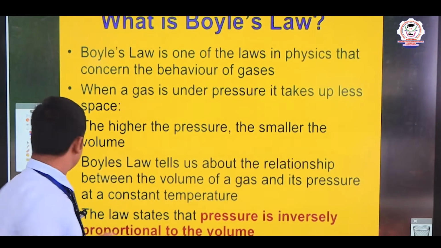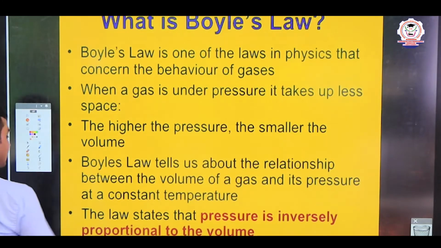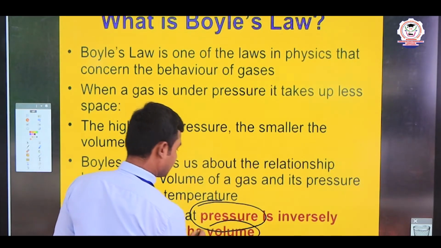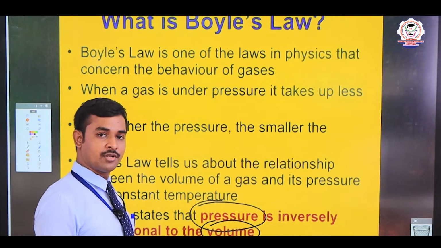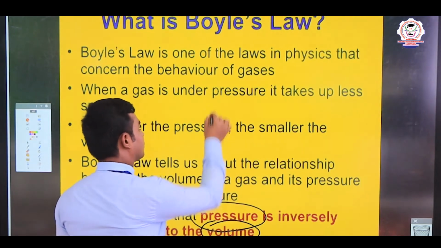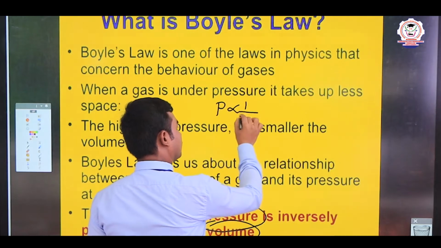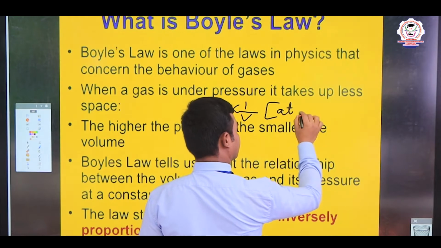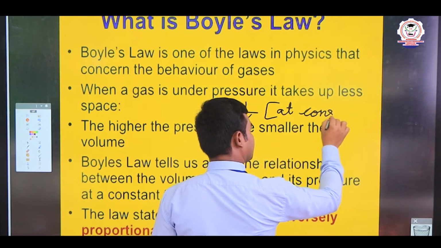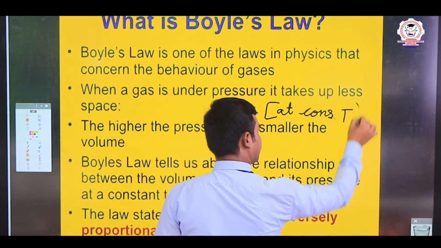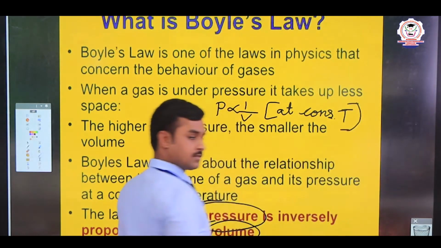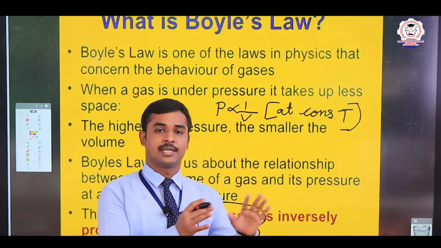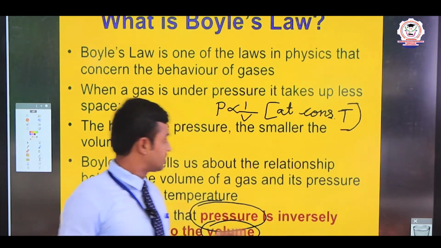What is Boyle's Law? You know well, Boyle's Law simply describes the relationship between pressure and volume. Pressure and volume are inversely proportional, P inversely proportional to volume, but at constant temperature T. So, when we study the relationship between pressure and volume experimentally, we should keep the temperature constant.